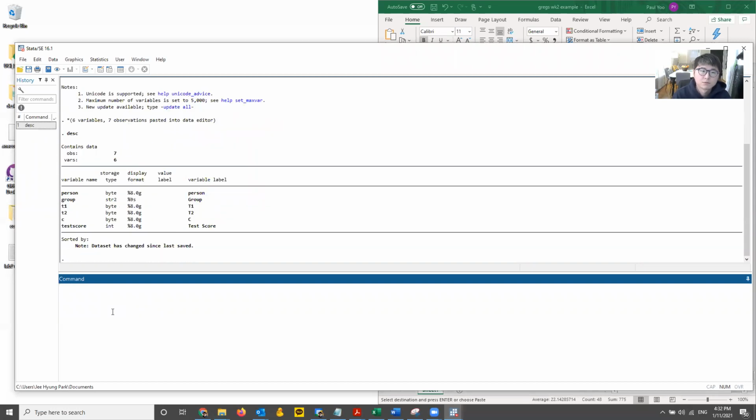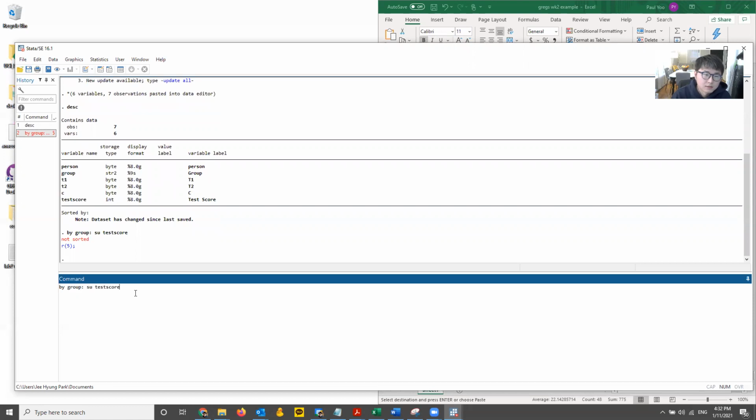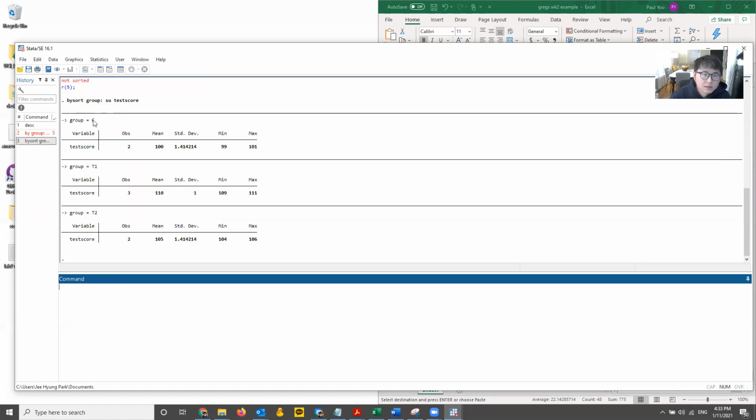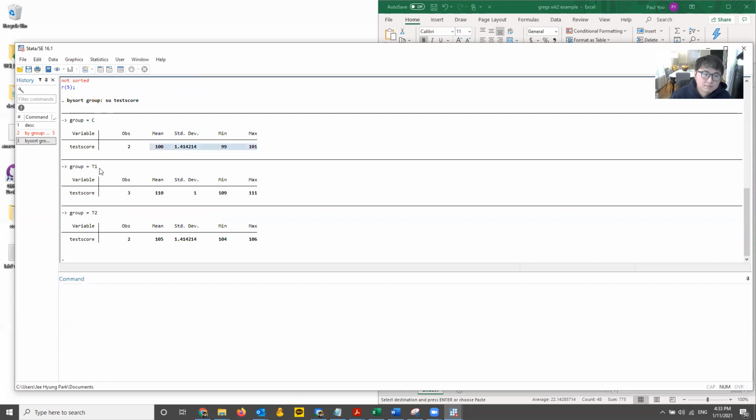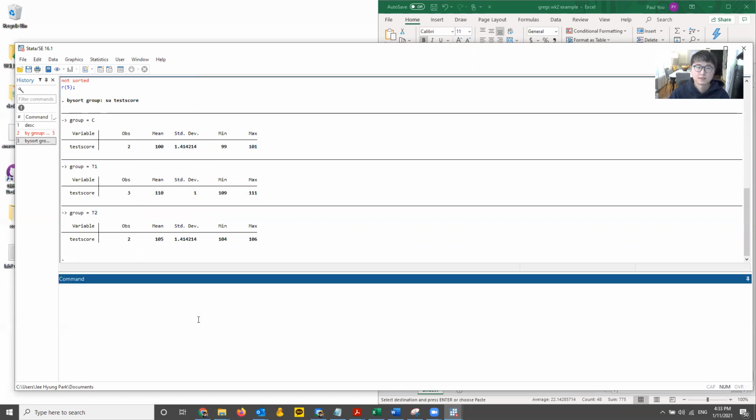We see our variables in here. Maybe by group, we can summarize test score. Control group 100, T1 110, T2 105, stuff we've seen.